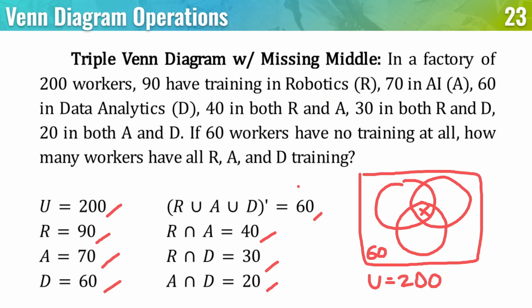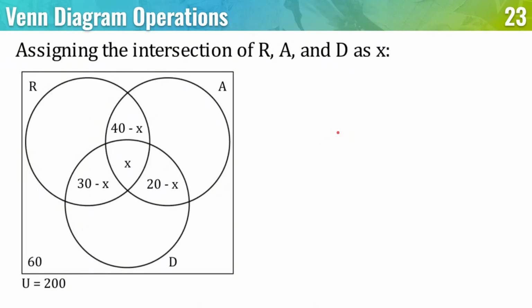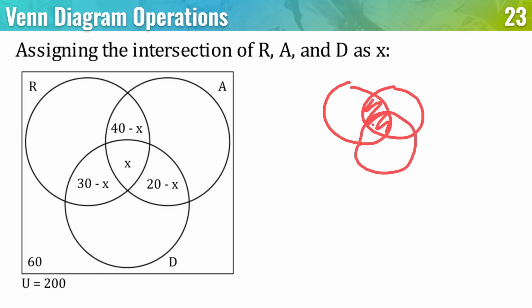Now the reason why is, going back to the given, 40 in both R and A is going to be represented by this part. However, we have another part here. So this part in the middle is X. So we need to remove X so that it will be only this one, not including this one.